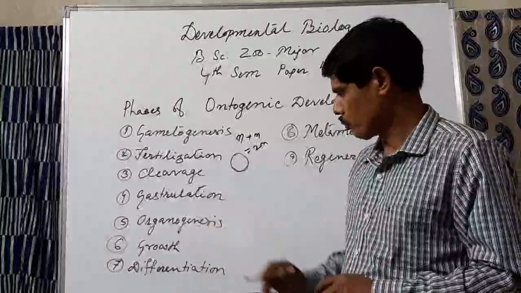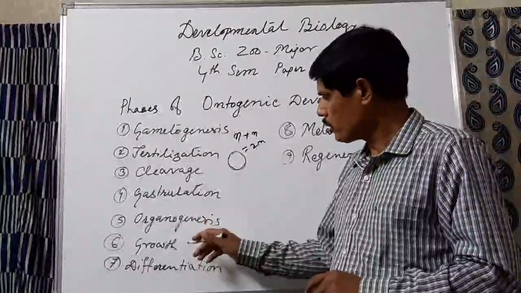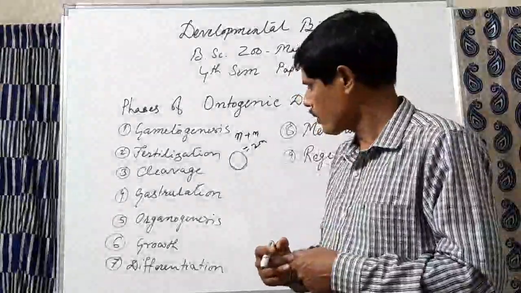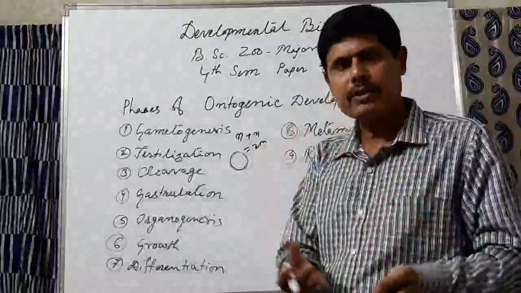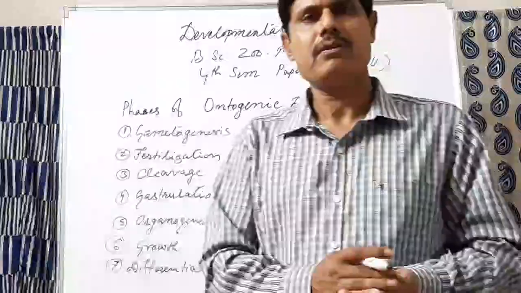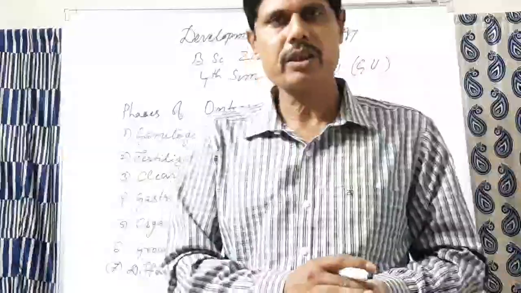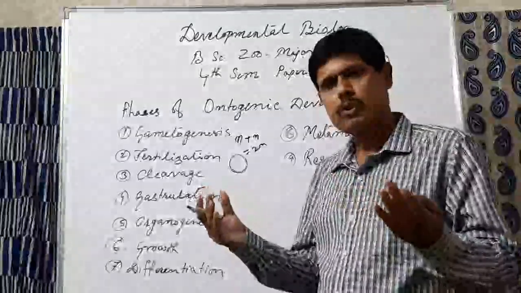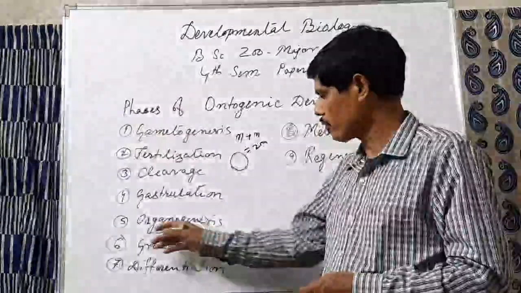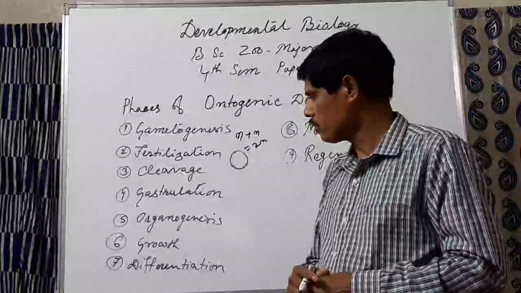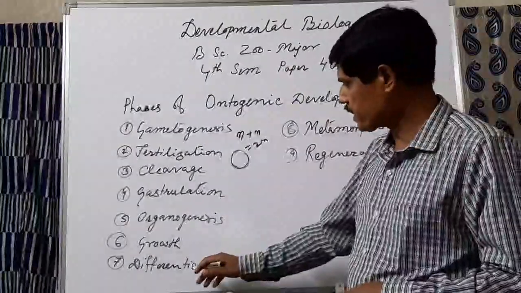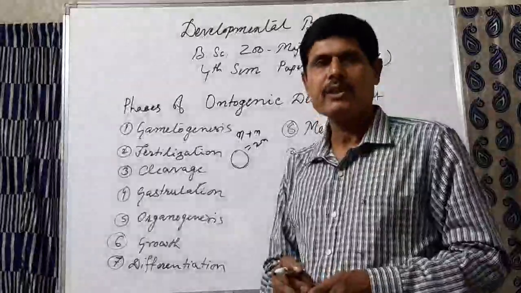Next is growth. After formation of the presumptive organs, multiplication of cells is utmost necessary to increase the cell number and attain considerable growth. That also takes place in this phase. And the next phase is differentiation.